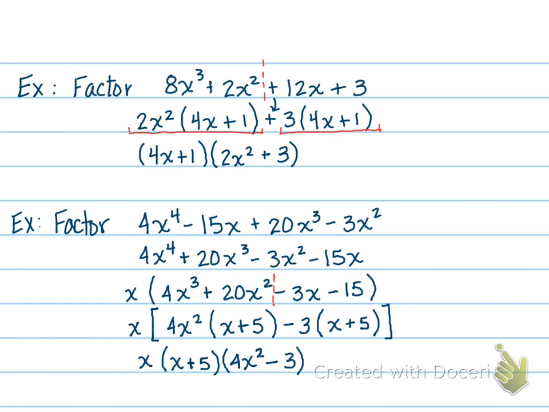But if you think about numbers, if I asked you to write the prime factorization of 24 and you wrote it as 12 times 2, that's true. 24 is equal to 12 times 2, but it's not the prime factorization because 12 isn't a prime number. The same is true with polynomials. You want to factor it down to the point where none of the factors can be factored anymore.